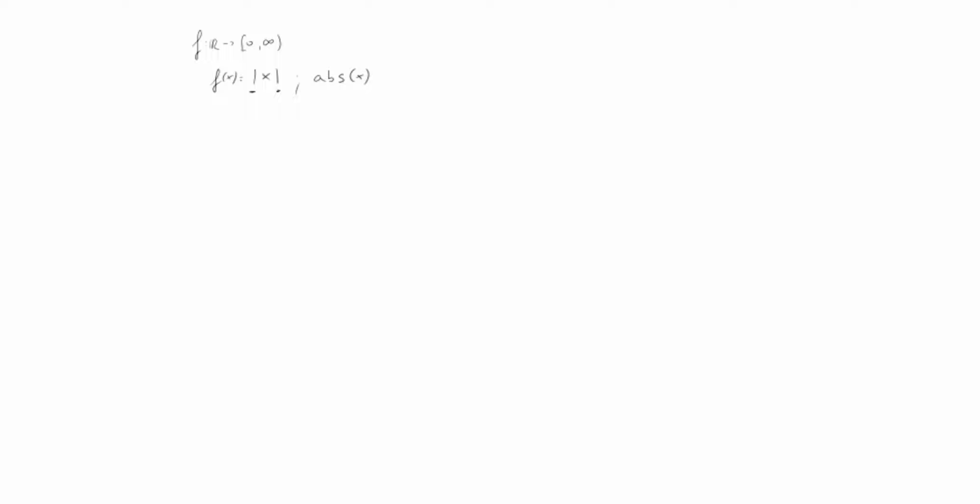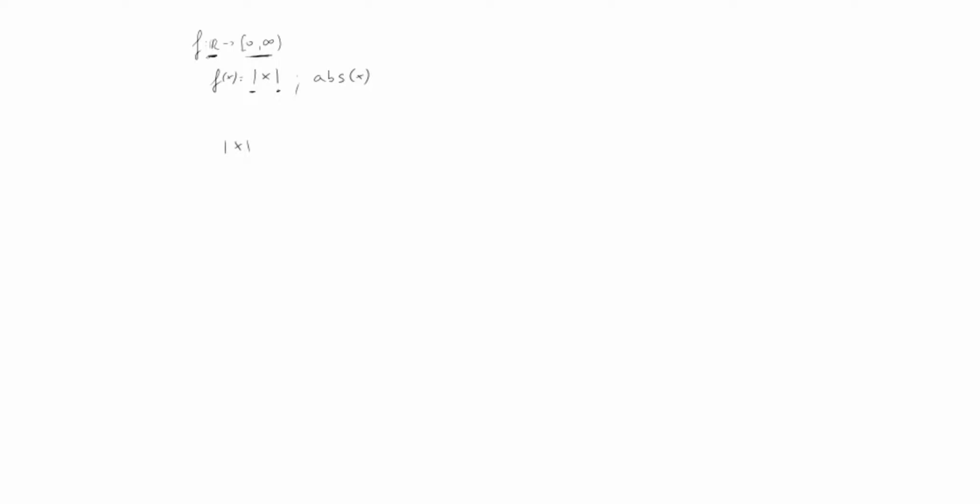Okay, so basically what this function does, it takes as input a real number and then gives us as output a positive number or 0. So let's write this down.